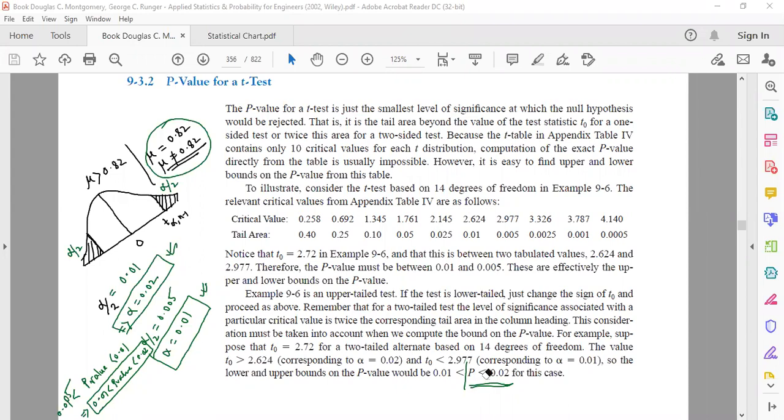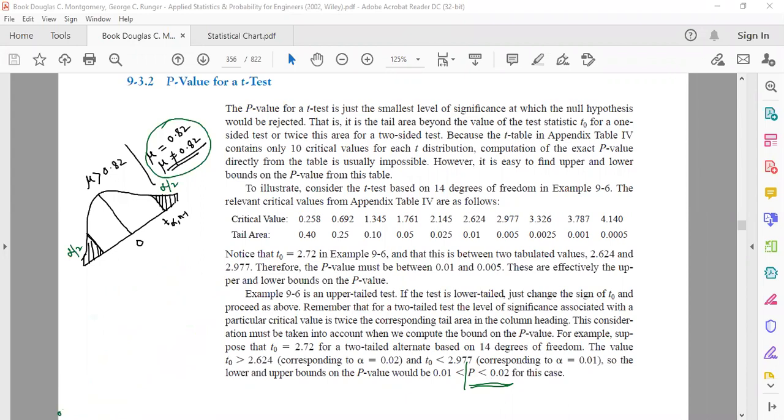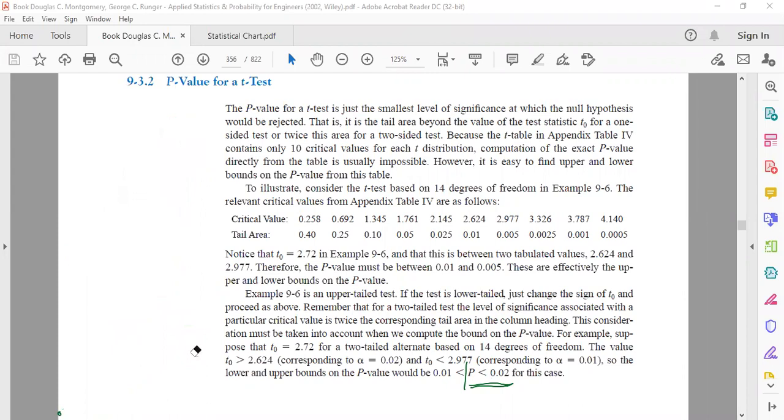Because if you consider any value lesser than 0.02 to be the p-value, 0.05 is obviously greater than that, because 0.05 is greater than 0.02. So your p-value is coming out to be less than 0.02. So 0.05 is obviously going to be greater than that, and therefore at the 5% level of significance, it is getting rejected.